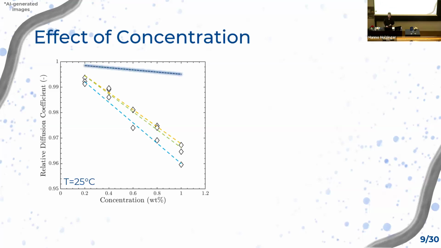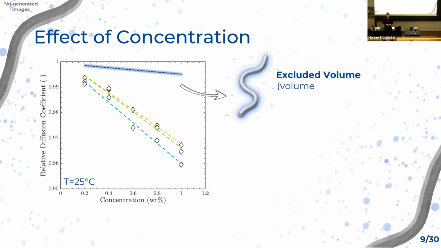Now, comparing that to theoretical calculations, water diffusion should only decrease around 0.5%, as shown here by this line, if the excluded volume were the main driving factor for slowing down the water in these dispersions. The excluded volume here, as a definition, is just the volume occupied by the fibers themselves.